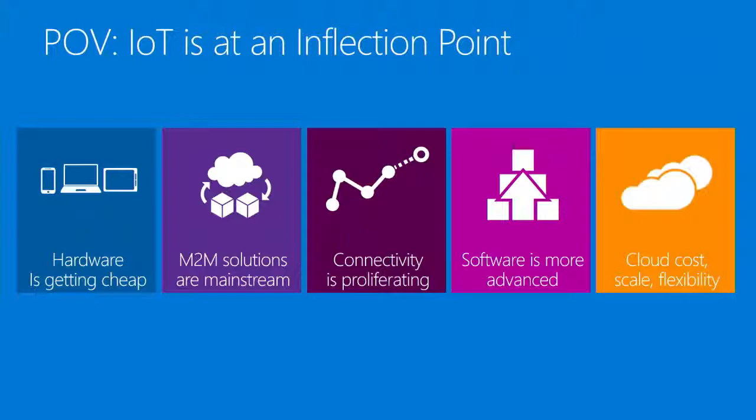Machine-to-machine solutions are becoming more and more mainstream. Machines are really starting to talk, communicate, have conversations with each other, be able to inquire, command, have some actions. That's becoming more ubiquitous. Connectivity is proliferating with Wi-Fi, with a lot of Bluetooth technology. There's a lot more connectivity that's out there, and that is growing and growing and growing.